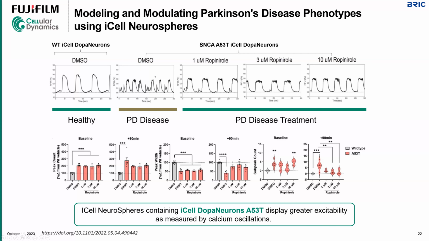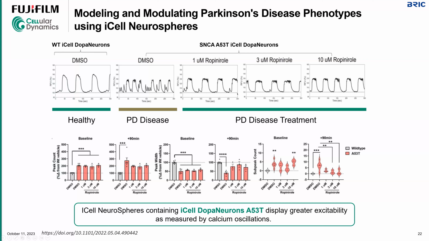But the interesting thing is that when you add the compound ropinirole, a clinically approved anti-Parkinson's disease treatment that focuses on dopamine agonist receptors, you can see that even at low concentrations, ropinirole is reversing the disease phenotype back to the normal one.